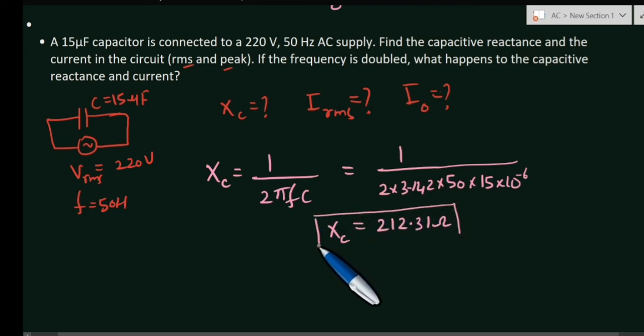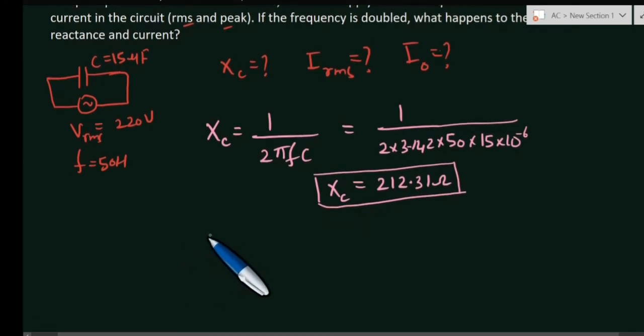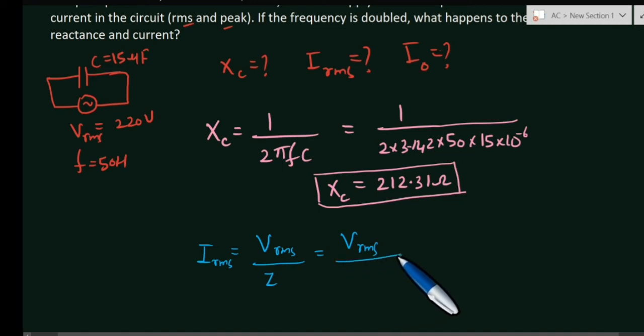And next, IRMS. So IRMS is equal to VRMS divided by Z, or VRMS divided by, since there is no value of XL and there is no value of R, we can write only XC.